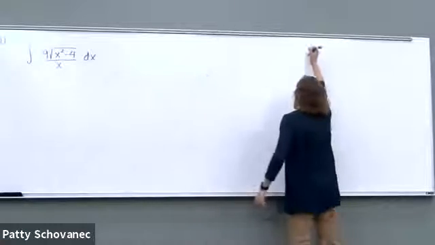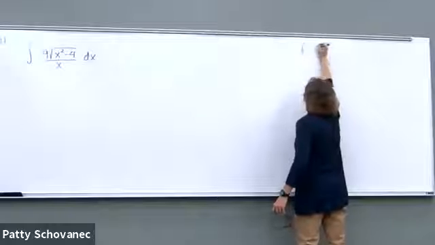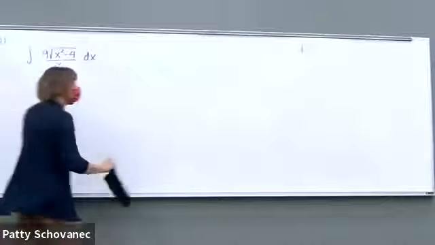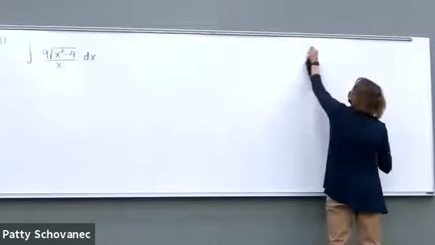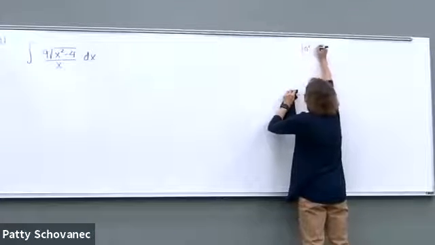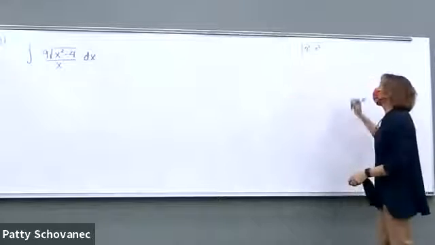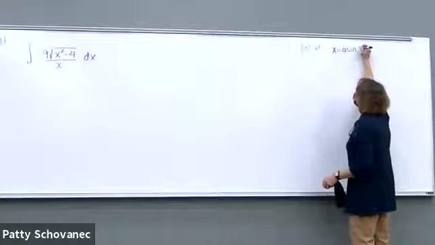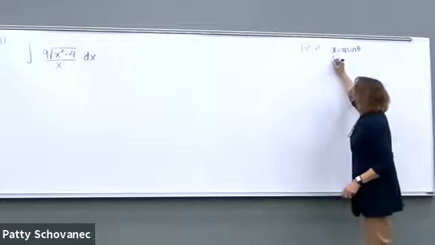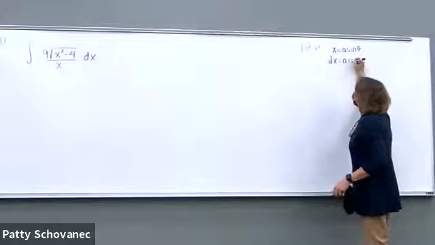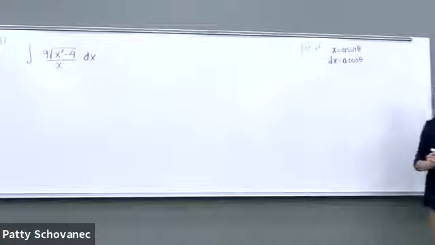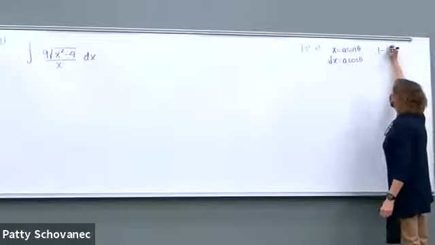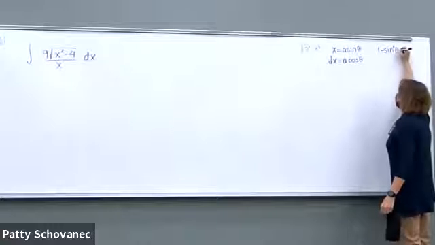If we've got the variable behind the minus sign, oh, that should be an a, a squared minus x squared, then you take x to be a times the sine of theta. Don't forget its derivative. You have to replace each x and the dx with those two things. And then eventually you'll use the fact that 1 minus sine squared of theta is cosine squared.